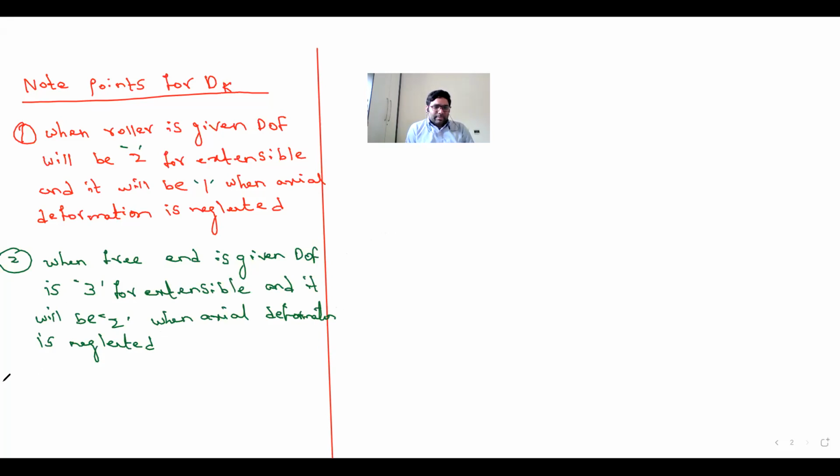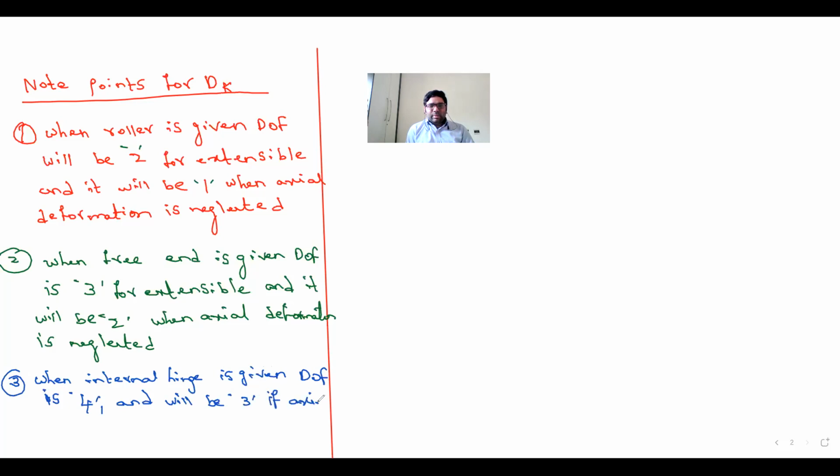The last point, when an internal hinge is given, the degree of freedom is 4, and it will be 6, it will be 3 if axial deformation is neglected.